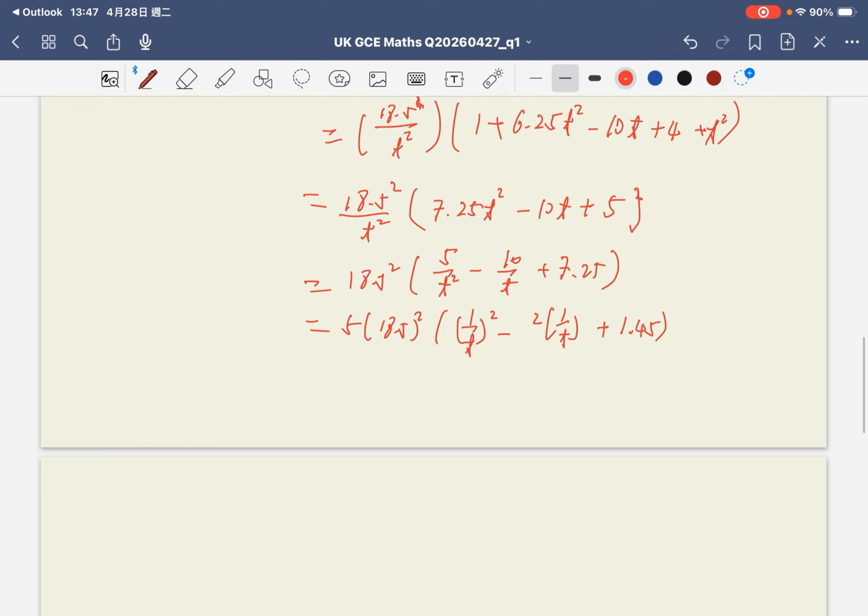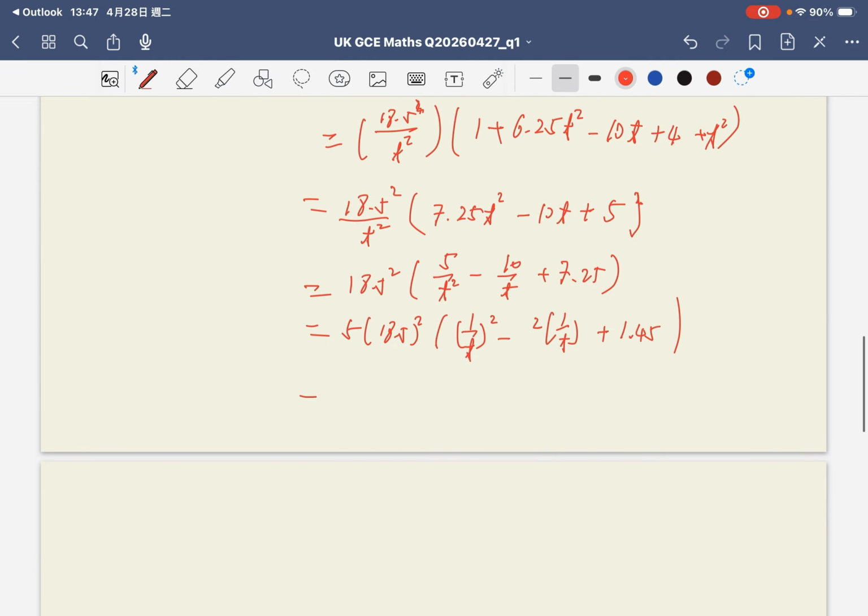Okay. It is a quadratic equation. The quadratic equation, to find the shortest, the minimum value, you can use completing the square. I write down this number 5 times 18.5 square. Oh, that number is not nice. 1 over t square minus 2 times 1 over t plus 1 square minus 1 square plus 1.45.